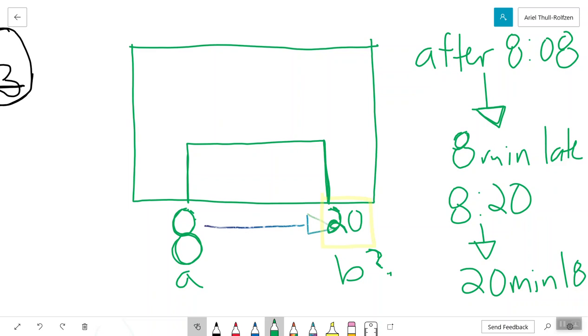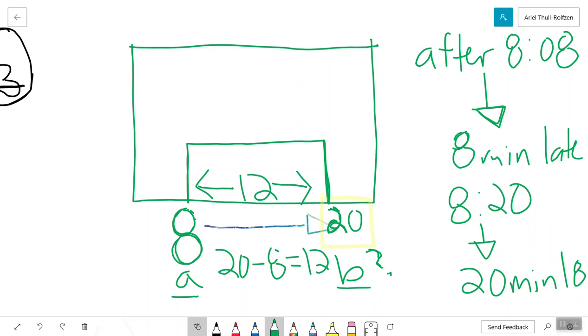Now what I can do is take my 20 minus 8, I get 12. My width is going to be 12. And you remember what I said about the height, that the height has to stay the same throughout the problem, no matter how many x's we're changing out, or in this case, the a's and the b's that we're changing out.